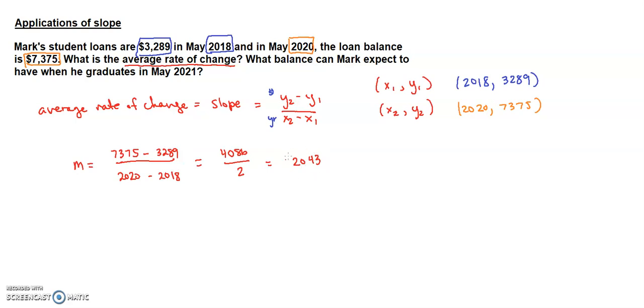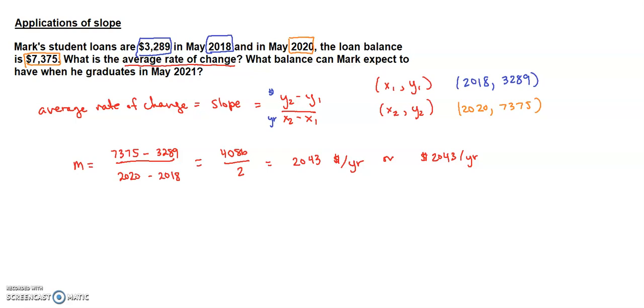Okay, now what does this mean? Again, we put the dollars on top, we put the years on the bottom. So when you do all this work and you get down to a single value, that means you're in the unit dollar per year, or we usually write it this way, $2,043 per year. So what does that mean? That's his average rate of change.